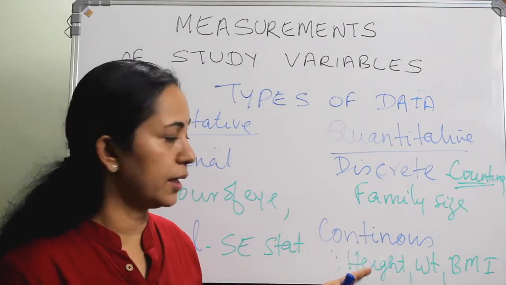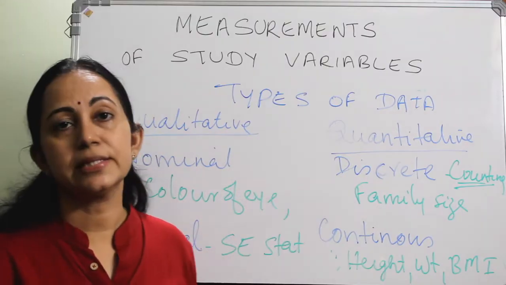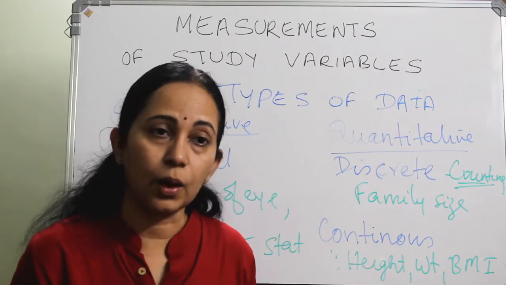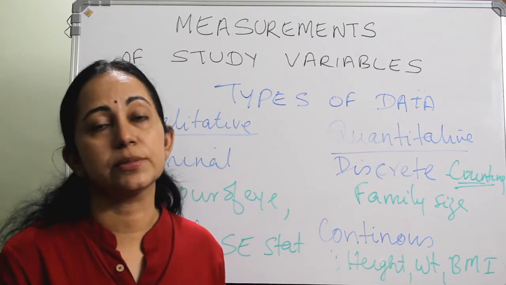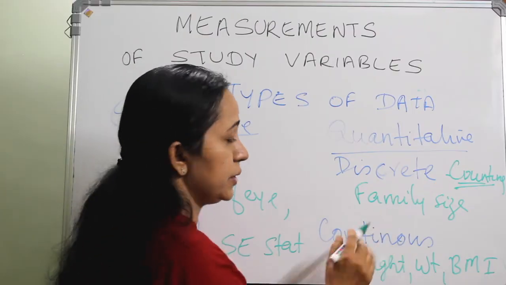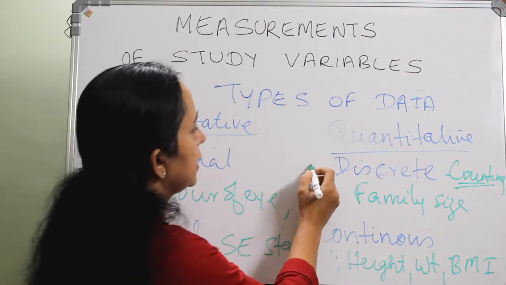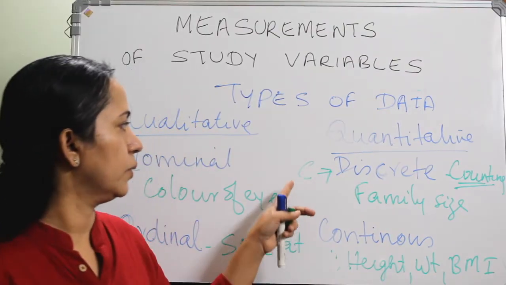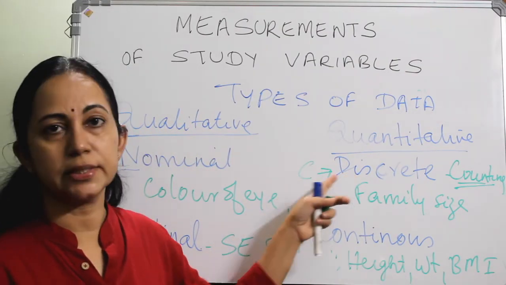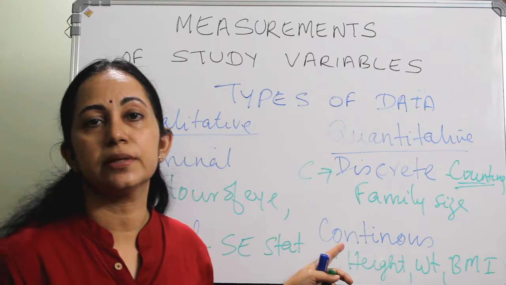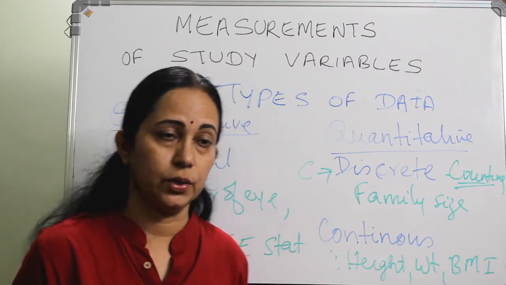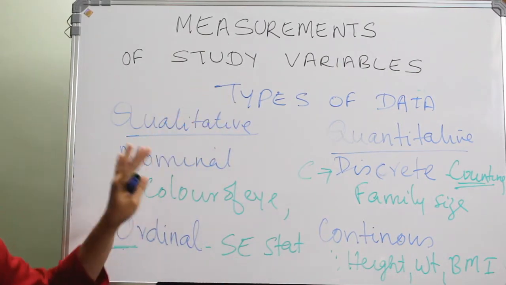So all these are continuous variables. So discrete is by counting and continuous is by measuring. Don't confuse C for this. C is not for C. C is for D. Okay. Counting, discrete data is by counting, and continuous data we get by measurement. Okay. So these are the basic types of data.